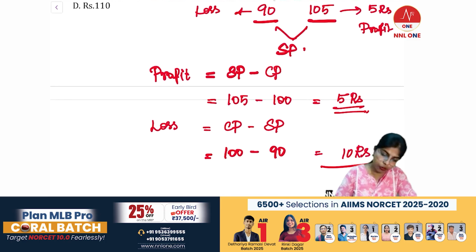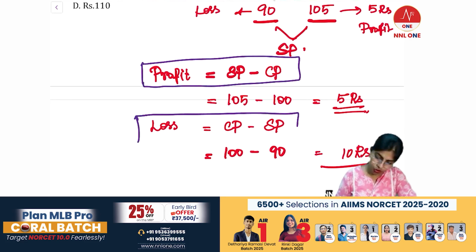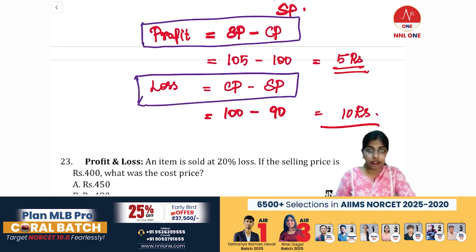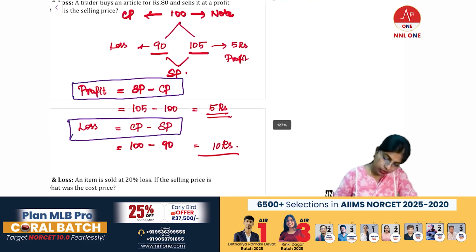This is the formula for profit and this is the formula for loss. The same for profit percentage, we are going to divide it by CP. Always profit and loss is going to be compared with the cost price only. What is the profit percentage formula?